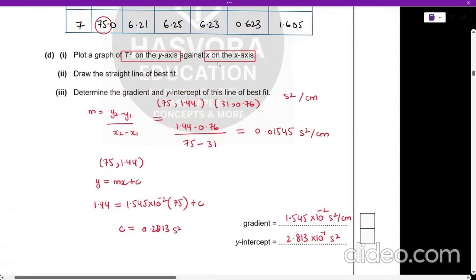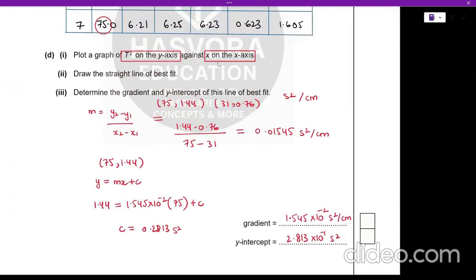So here I have calculated the gradient as y2 minus y1 divided by x2 minus x1. My coordinates were (75, 1.44) and (31, 0.76). So the y difference is 1.44 minus 0.76, divided by 75 minus 31, which comes out to be 0.1545.